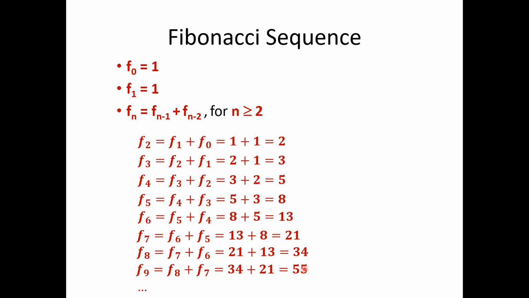If it exists, and it does, you'll see it in a few slides. But it doesn't look like it's going to be simple. This is as simple as it gets, this recursive formula, and yet it generates a rather complicated object.